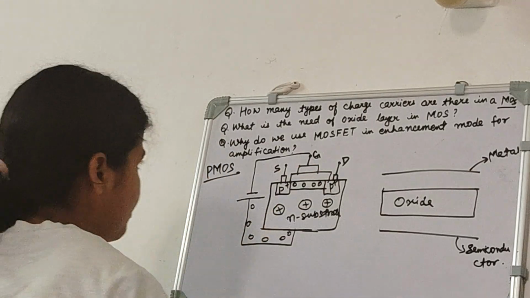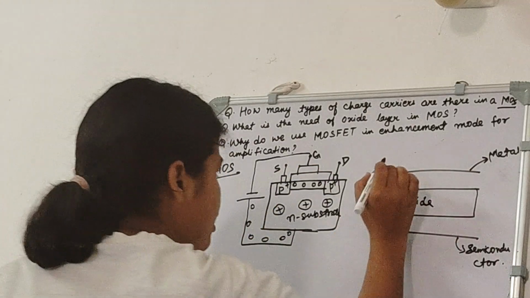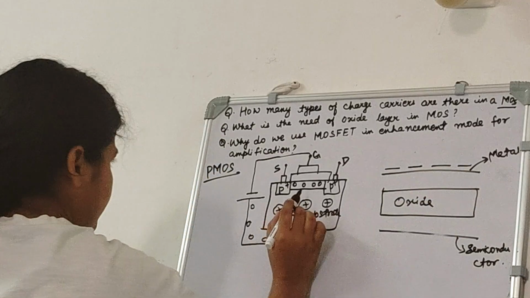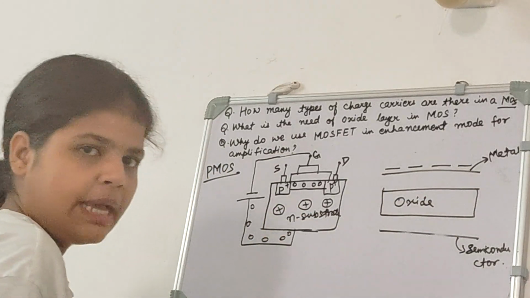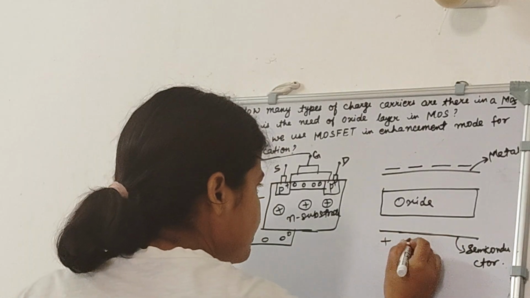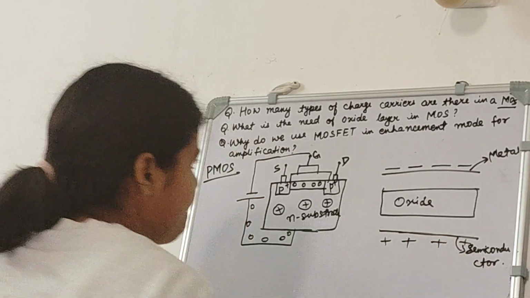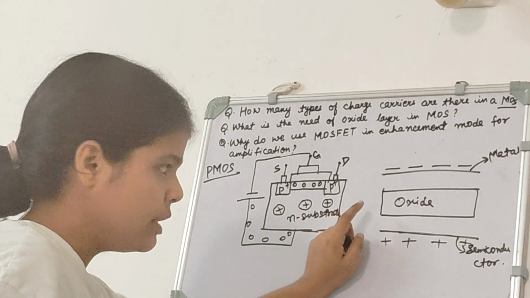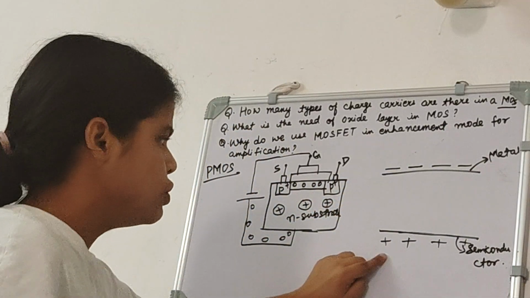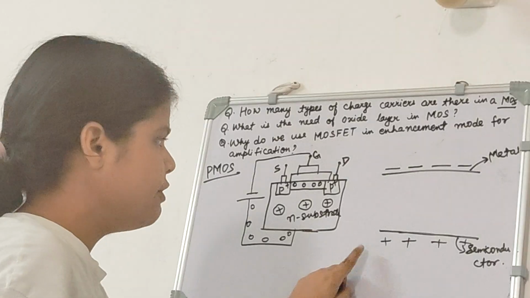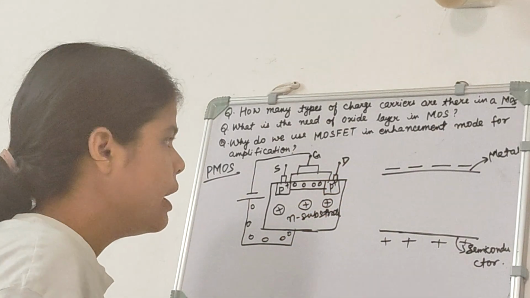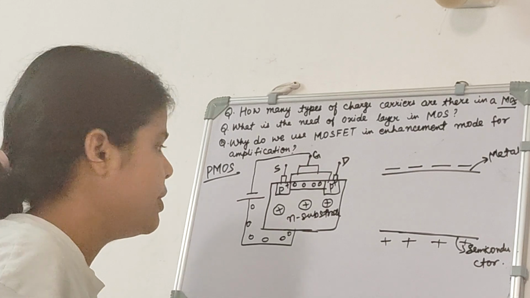Since we are applying negative voltage at the gate, we will show here the negative sign, and since our channel is of P type, that is P channel formed by holes, we will show here the plus sign. If oxide layer wasn't there, then what would happen? These holes will go to the metal layer and they will just get neutralized and no formation of channel will be there. Hence, no conduction of current will be there.